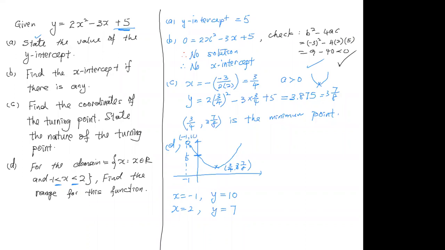When x is equal to 2, I make it a bit lower, so I redraw the graph, okay? Seven is a bit higher here. So when x equal to 2, this is 2, 7.